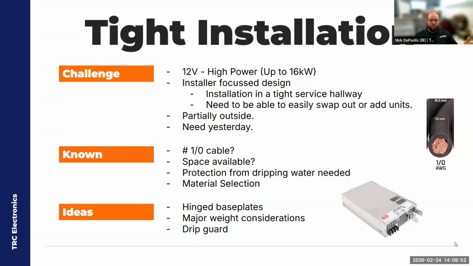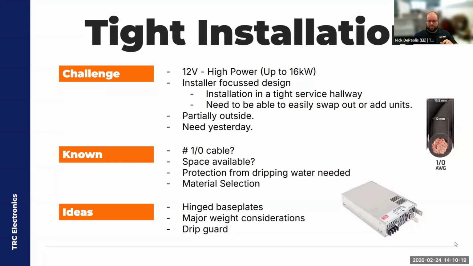So we wanted to make sure that whatever we designed would not only protect them from that water, but also mitigate, through our material selections, any risk of galvanic corrosion, basically those dissimilar metals reacting with each other. Additionally, structural support would be required because we're putting a ton of weight on the wall, in addition to the cable strain because we're running a ton of wire on this thing.